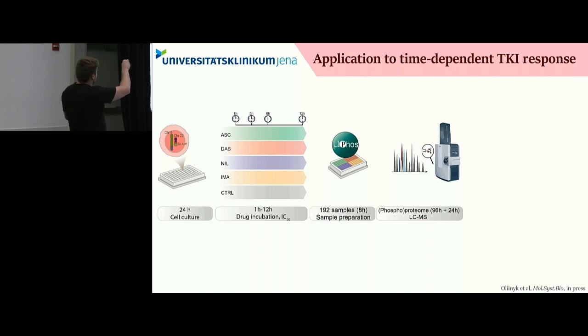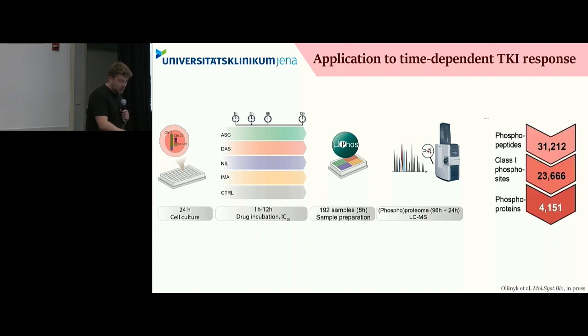We incubated the BCR-ABL mutated cell line in the 96-well plate format for 4 time points, and then analyzed the 192 samples of both proteome and phosphoproteome with the microPhos platform, and subjected them to our optimized phospho-DIA analysis with the timsTOF.